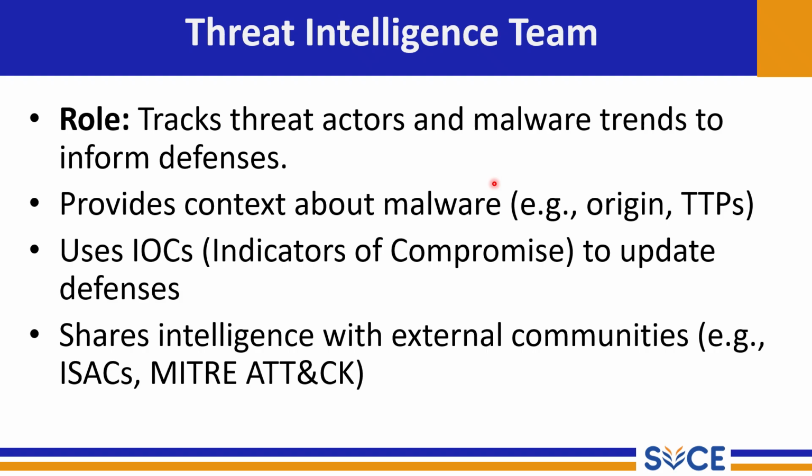Second, malware analysis: they analyze the malware samples to understand behavior, identify the indicators of compromise, that is IOCs, and determine the tools, techniques, and procedures, which we call TTPs, used by the attackers.